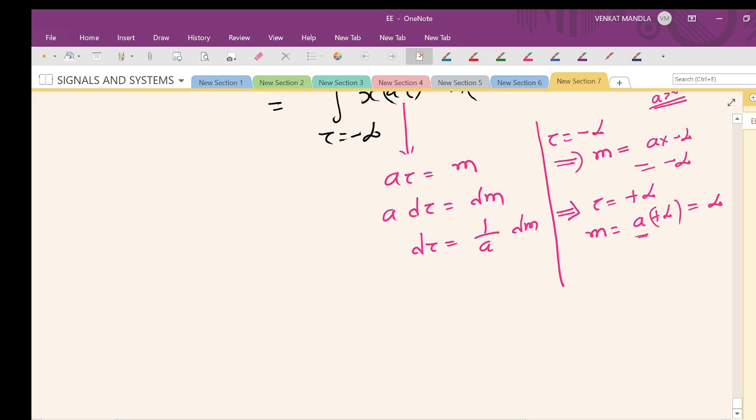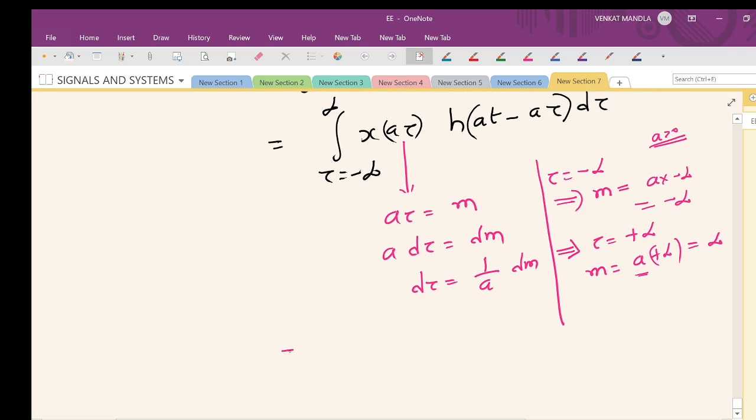Now, there is this equation, so m equals, the limits are changed. If tau equals minus infinity, m equals minus infinity. If tau equals plus infinity, m equals plus infinity. And x of a tau is x of m, and h of a t minus a tau is h of a t minus m, into d tau.